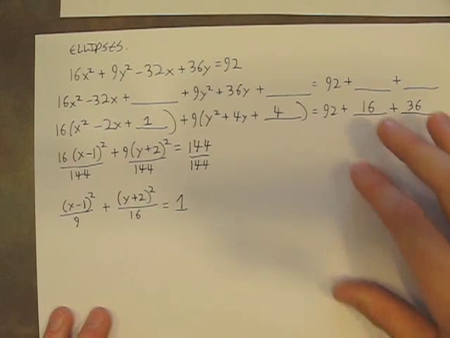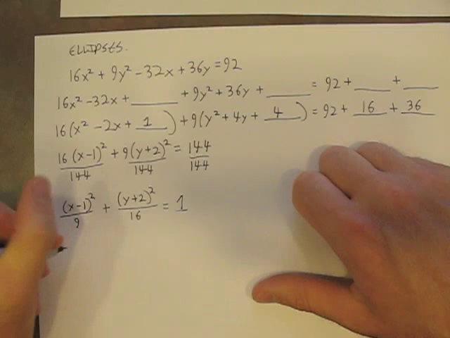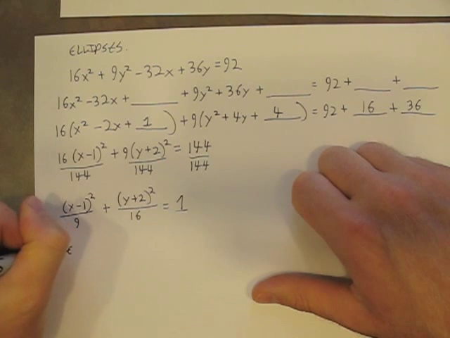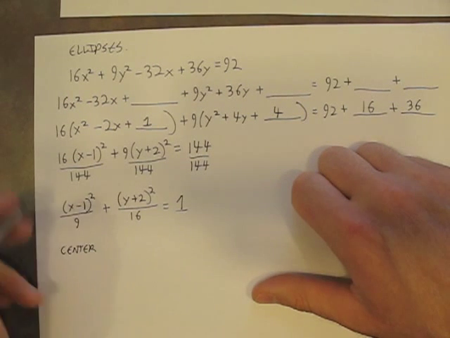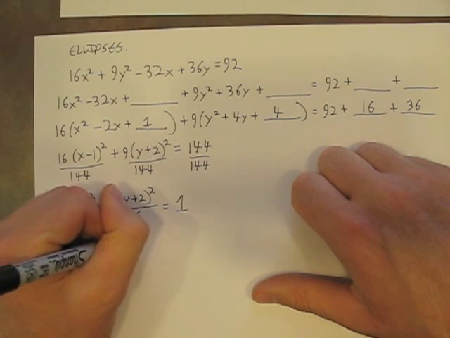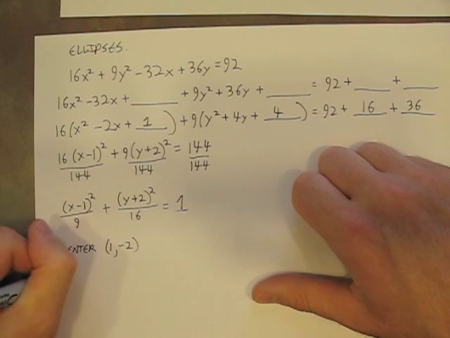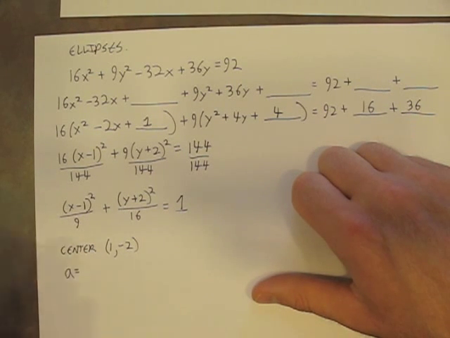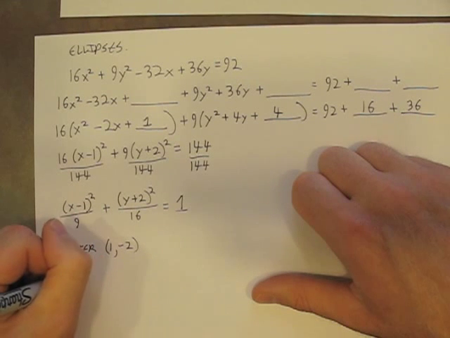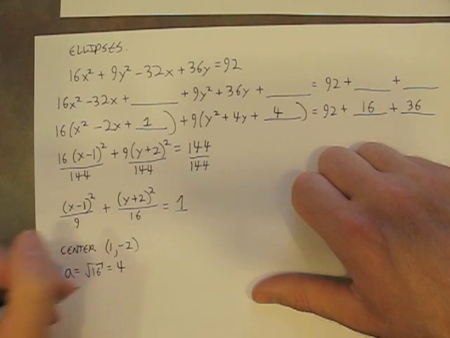Okay, so now looking at this, this is in standard form for an ellipse. So my center is going to be at 1, negative 2. And my A, my semi-major axis, is going to be square root of 16 is equal to 4.